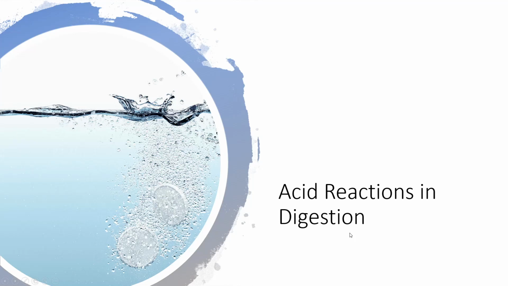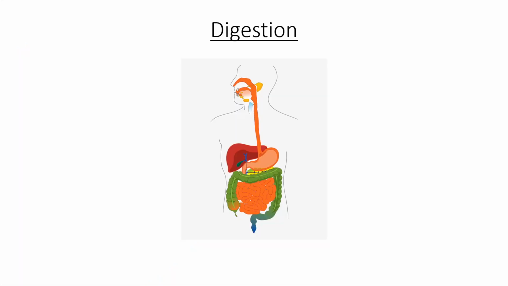Now we're going to jump into the new content that we haven't really spoken about before. Let's talk a little bit first about digestion. The digestive system is one of the body systems that you probably already know about. You definitely use it every single day.